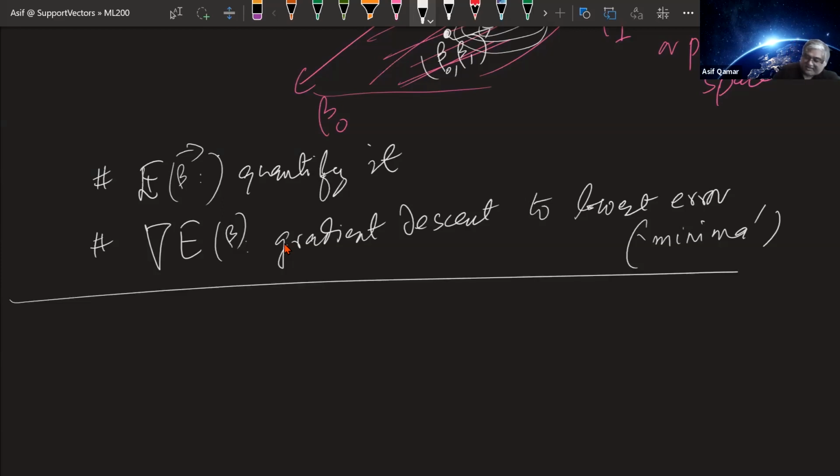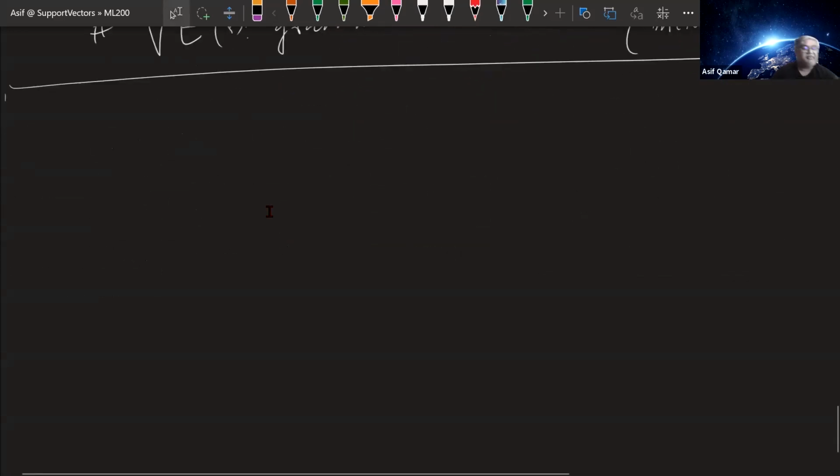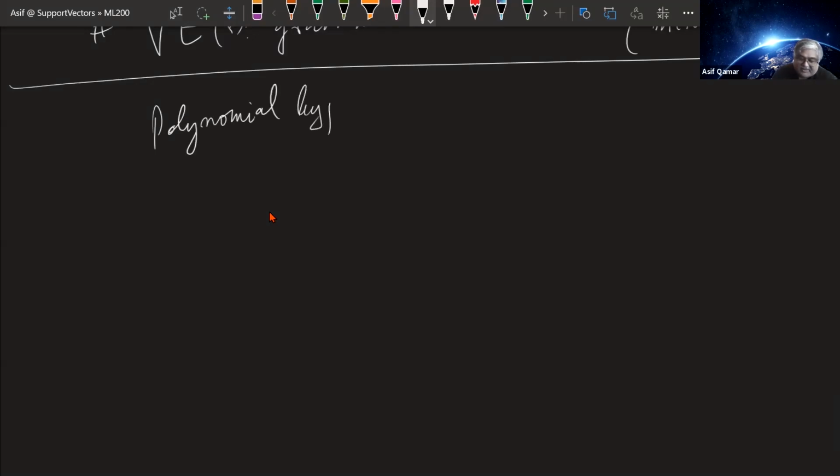So that is that. Now comes another problem. You can make a hypothesis that is too simple or a hypothesis that is too complicated. Suppose I have data, and let's take a polynomial hypothesis. You can say that y is beta naught plus beta 1x plus beta 2x squared, up to the nth degree polynomial.